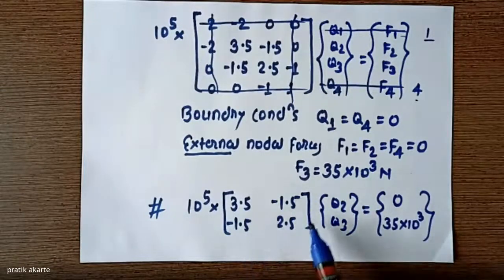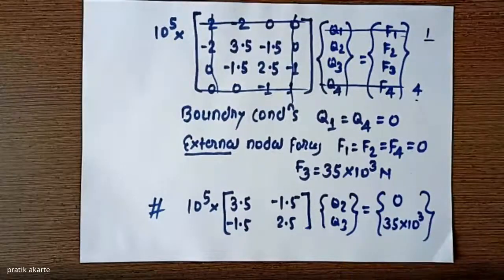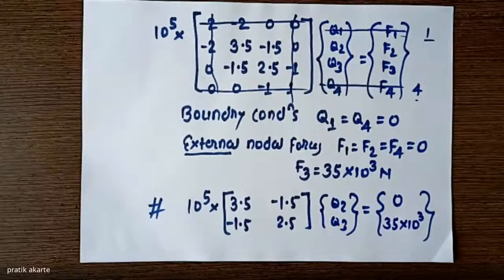Our equation reduces to 2 by 2, two equations and two unknowns, which is simpler than the previous one. That is why I was telling you that the more you know about the system, the easier it will be for you to solve the problem. So here we will be getting only a 2 by 2 matrix instead of a 3 by 3 matrix.